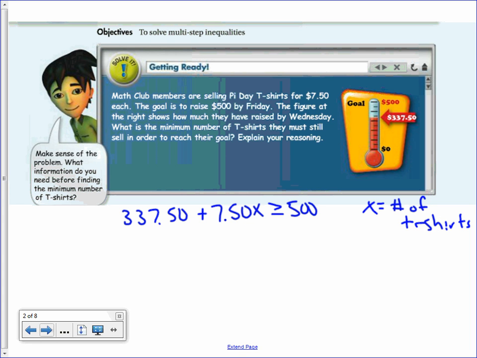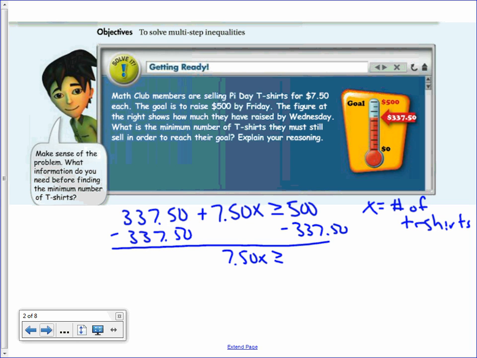So how would I go about solving this? I would first subtract off the 337.50 from both sides, and I'd be left with 7.50x is greater than or equal to, well, fancy calculator here, $162.50 that I'd have to sell yet.